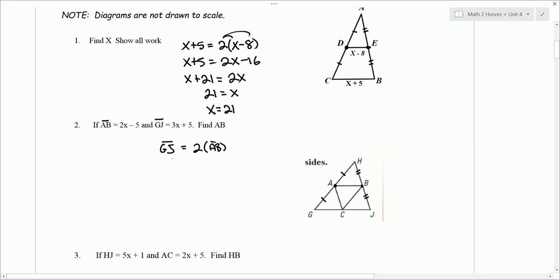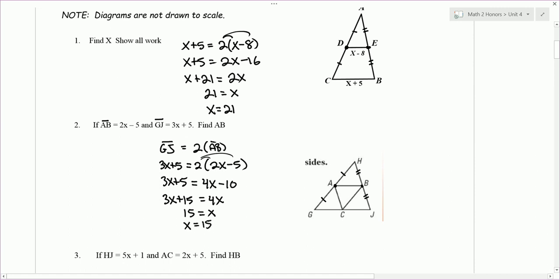And so plugging these in, we get 3x plus 5 is equal to 2 times 2x minus 5. Distribute the 2, and we get 3x plus 5 equals 4x minus 10. I'll add 10 to both sides of the equation and subtract 3x, and we get x is 15.